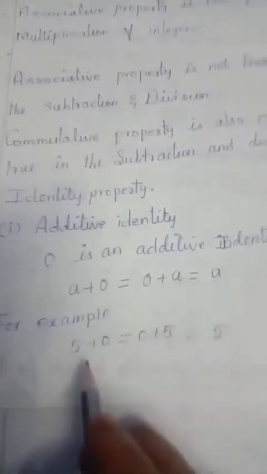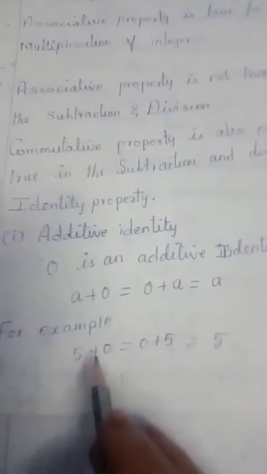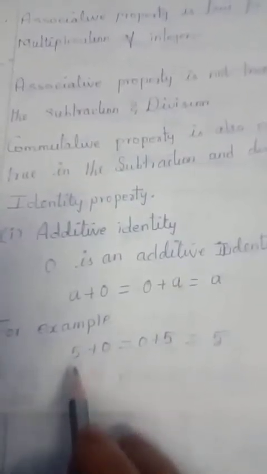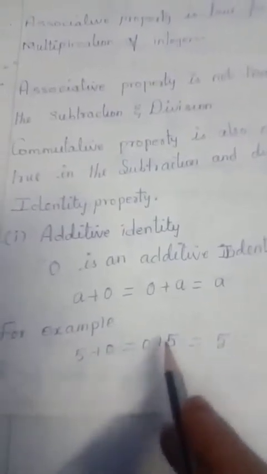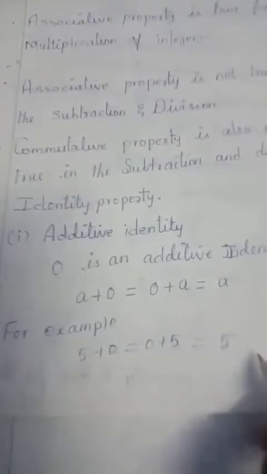We are taking 5 as an example: 5 plus 0 and then 0 plus 5 gives 5. In both cases, we get the same number.